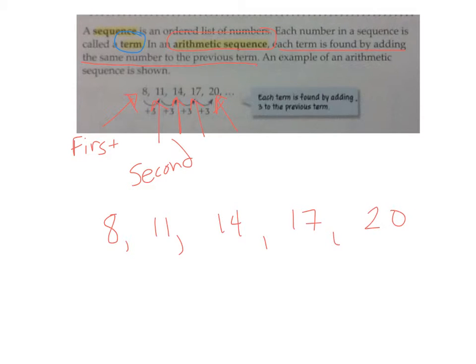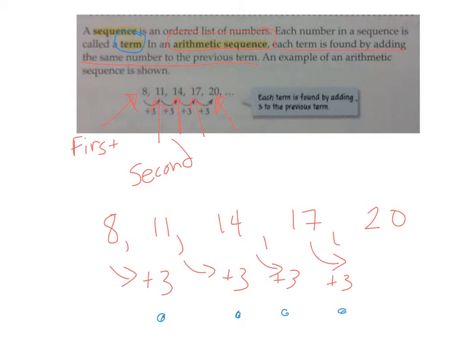And when you identify the pattern, which is +3 in every case, you can tell that you are constantly adding the same number, 3. Since you're always adding the same number, that's what makes it an arithmetic sequence.